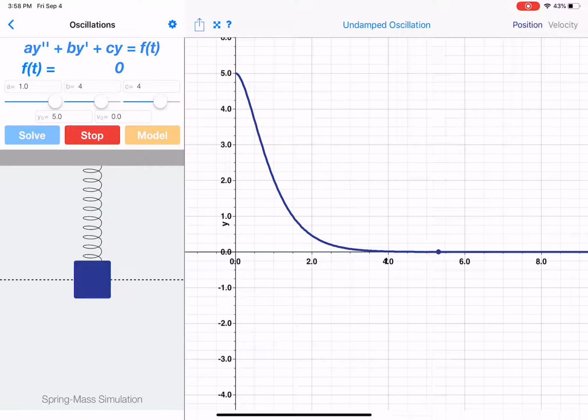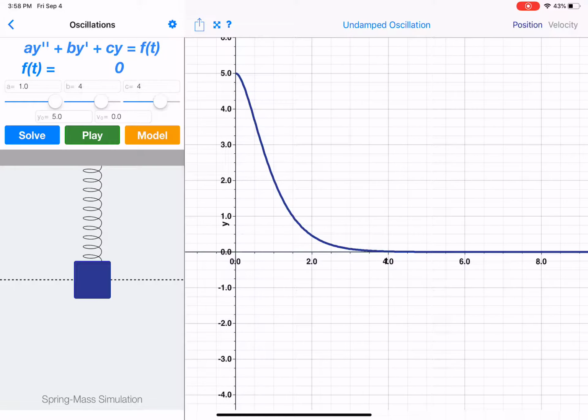Now, what I hope you see is that the critically damped oscillator is a point right there between the overdamped oscillator and the underdamped oscillator. You have to have just the right amount of friction on this oscillator to make it critically damped.